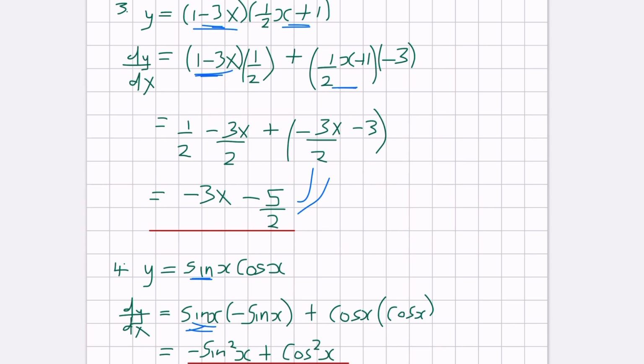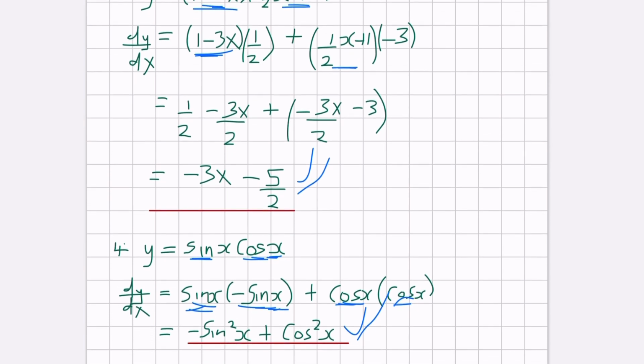The derivative of cos x is minus sine of x. Plus, then you keep cos x here as a constant. Then you differentiate sine x. The derivative of sine x is cos x. Then you simplify this, you're going to get minus sine squared x plus cos squared of x as your final answer, right? I'm hoping that this is so clear and it's also making sense to you.